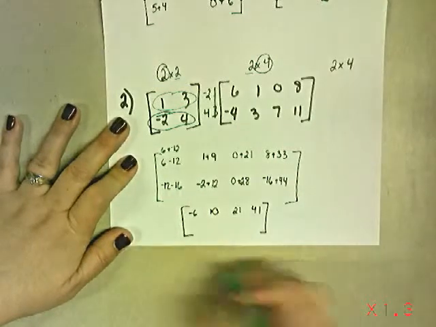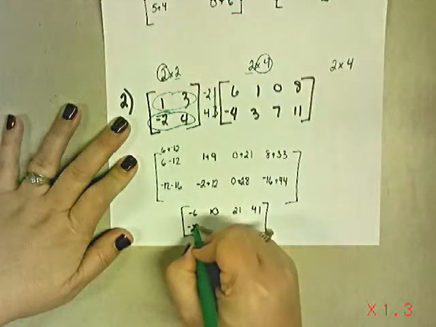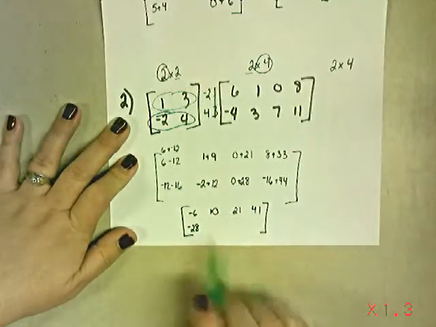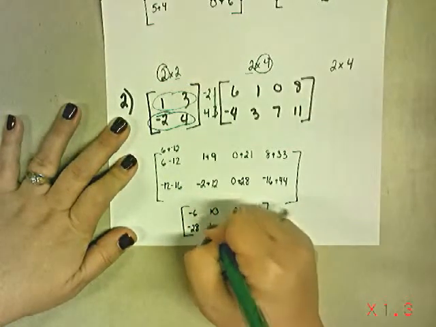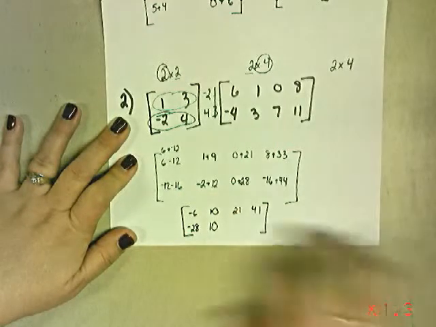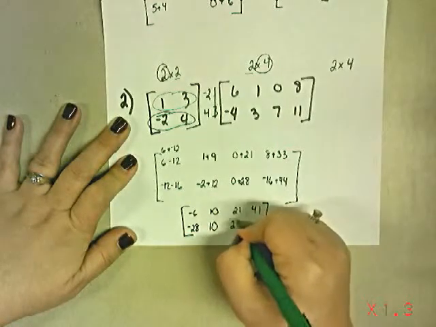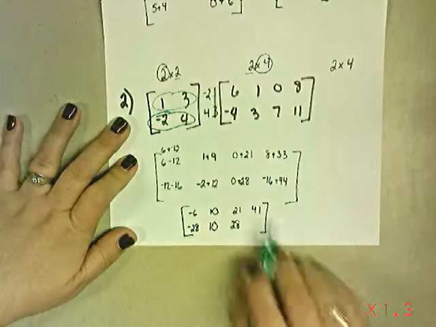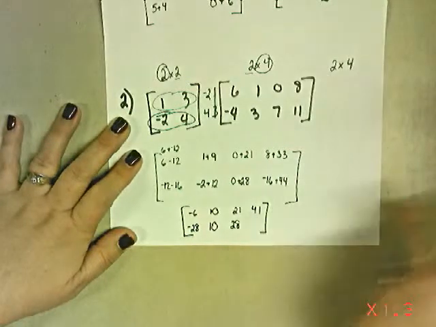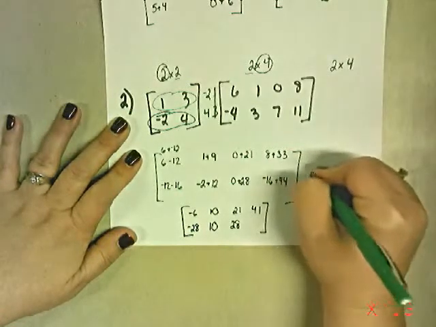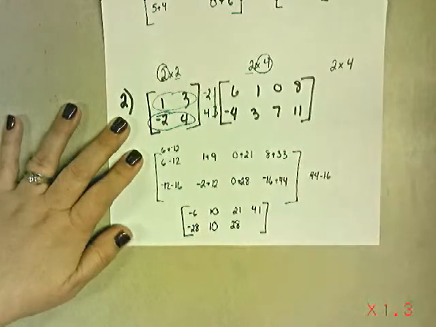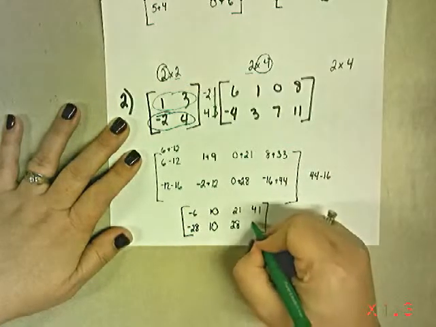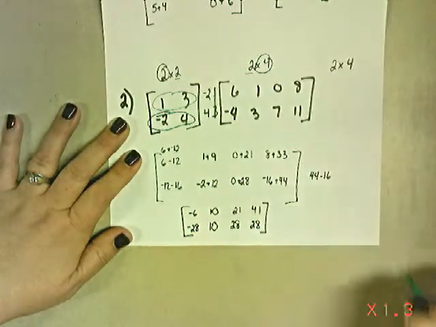Negative 12 and negative 16 is negative 28. Negative 2 plus 12 is 10. 0 plus 28 is 28. Negative 16 and positive 44, that's the same as 44 minus 16. So that's going to be a positive 28.